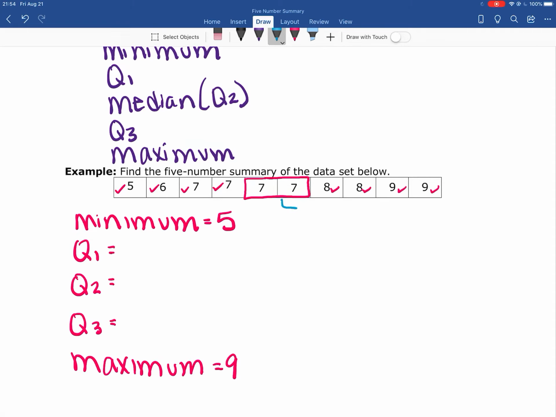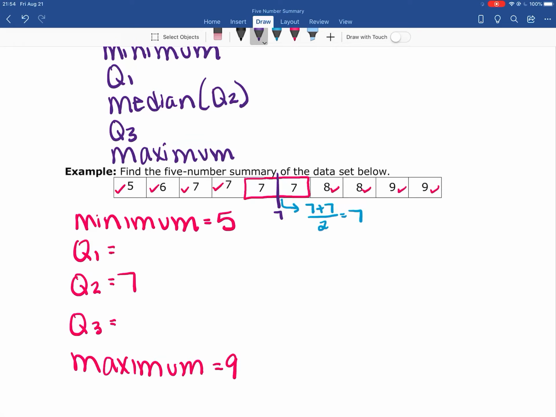My 2 middle numbers are 7 and 7. So if I do 7 plus 7 divided by 2, I get 7. So Q2, the median, is 7. And then that 7 is technically here, splitting the data in half.